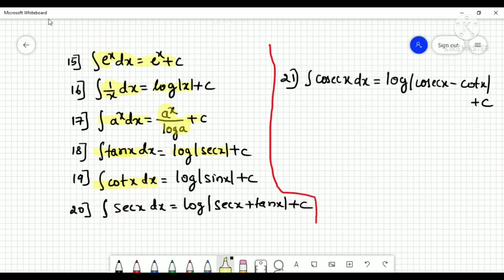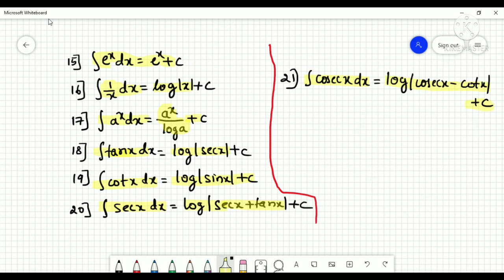Integration of cot x dx is equal to log sin x plus c. Then integration of secant x is equal to log mod secant x plus tan x. Then integration of cosecant x dx is equal to log mod cosecant x minus cot x plus c. These are some basic formulas to solve the problems.